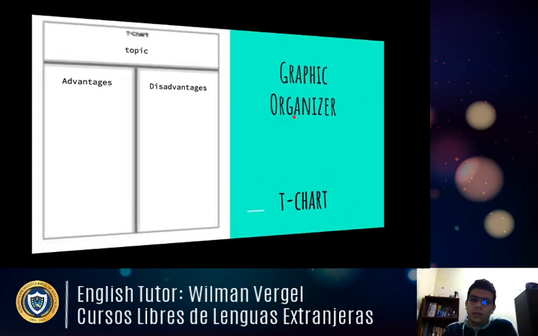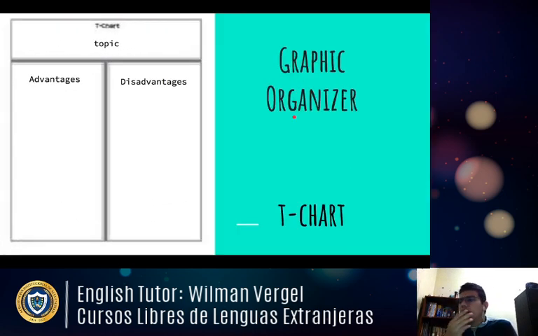Pay attention to this. First of all, I want to tell you that when we write something, the first thing we have to do is use a graphic organizer, because it helps us organize our ideas, or have very clear the things that we're gonna talk about. For example, in this case, in contrasting and comparing, we can use a T chart as I'm showing you here.